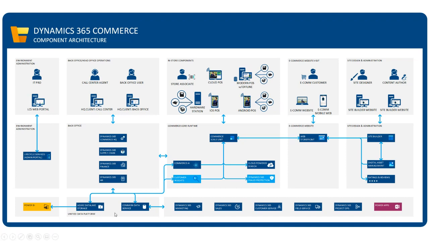Then we have integrations available through CDS as well as Azure Data Lake. So that allows for large scale analytics as well as integrations with other Dynamics as well as non-Dynamics products in a seamless fashion. This gives you a high-level overview of which components are involved in the system architecture and what our primary management plane is.